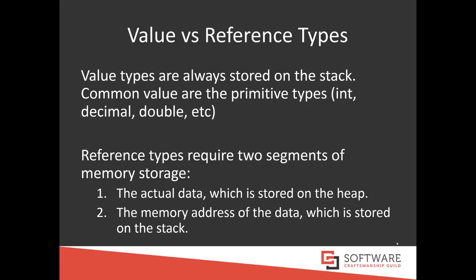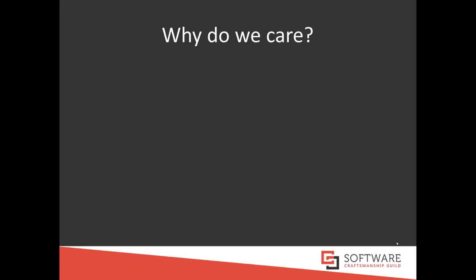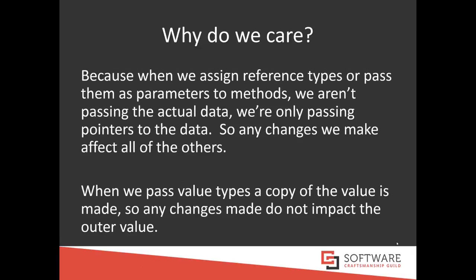And I'm going to show you some illustrations of this. But first, we got to ask, why do we care? It's because when we assign reference types or pass them as parameters to methods, we aren't passing the real actual data. We're only passing a pointer to that data.